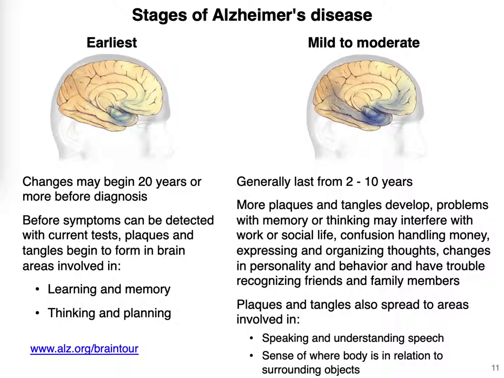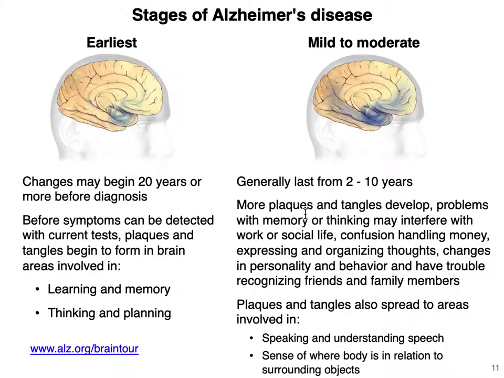Now, once it progresses to the mild to moderate stage, then you start seeing much more of the pathology and a lot more behavioral issues. In speaking and understanding speech, my mother completely lost it. She couldn't articulate anything other than single words in the last 6 months of her life.